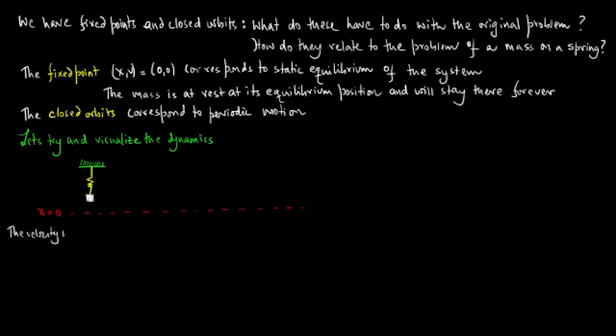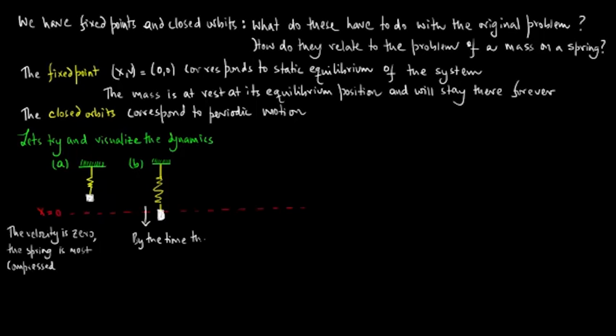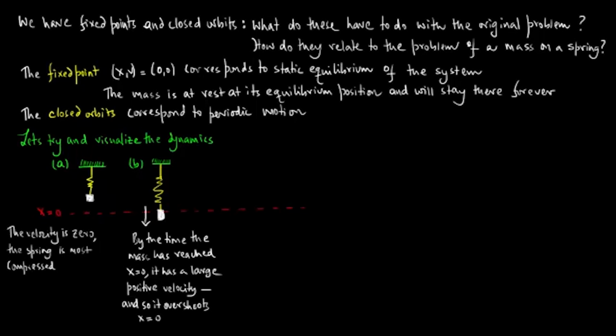Here the velocity is 0, so the spring is most compressed. By the time the mass has reached x equal to 0, it has a large positive velocity, and so it overshoots x equal to 0.